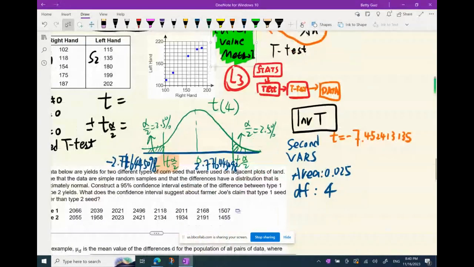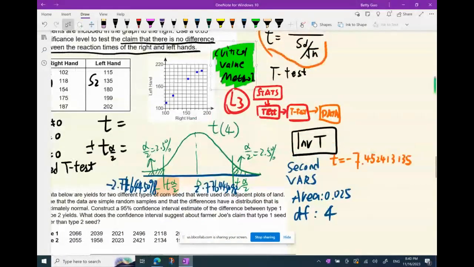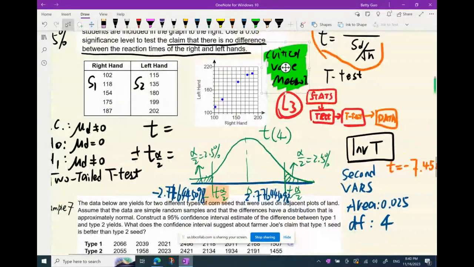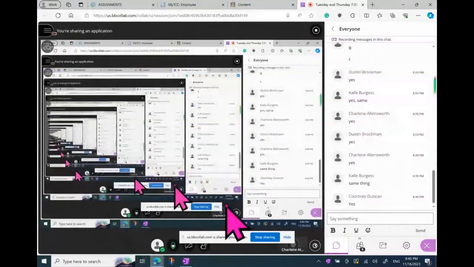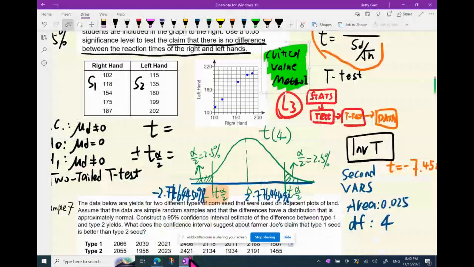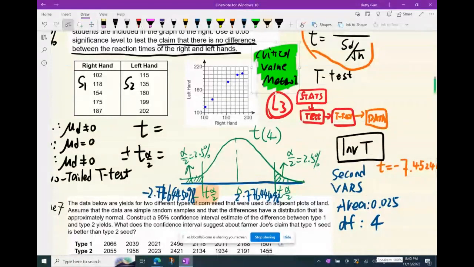Okay. So we are ready to look at the relationship between a statistic and the critical value. Thank you, Courtney. Our statistic T, let me round it to two decimal places, -7.45. And the critical values, we already have here.